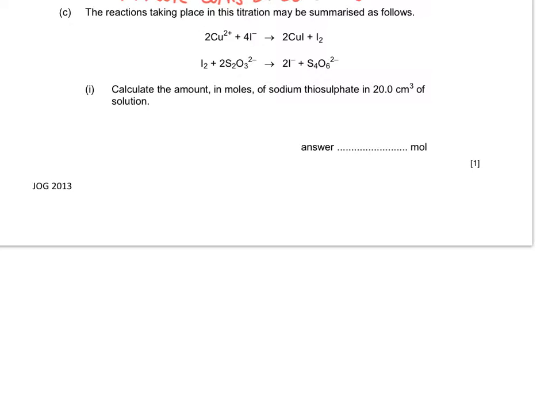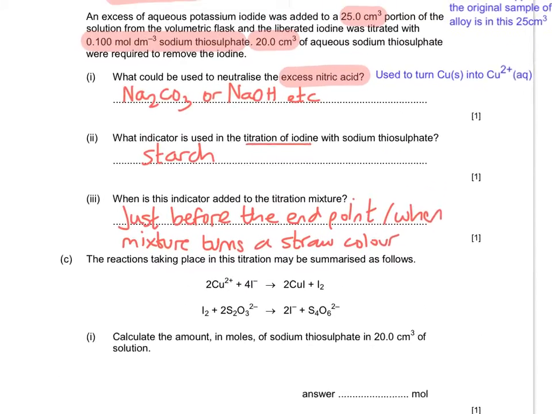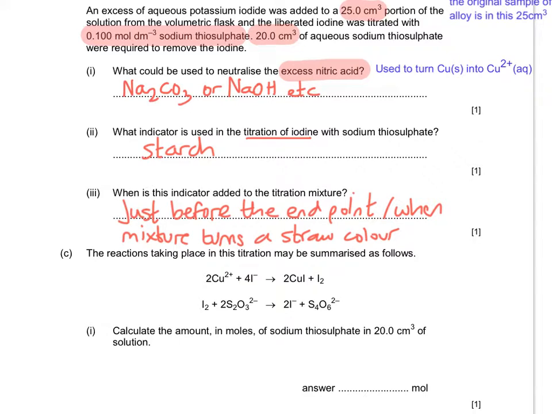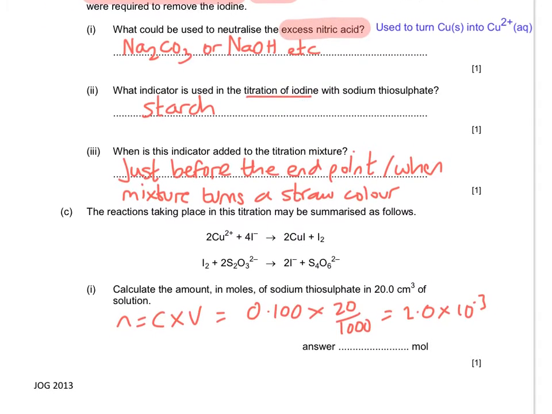So to do that, we've got to go to the top of the page and back to our information, and we have it highlighted up here, which gives us 2.0 times 10 to the minus 3. So I'm going to make sure I put that in my actual answer, just to make it clear to the examiner that that's what I want him or her to consider.